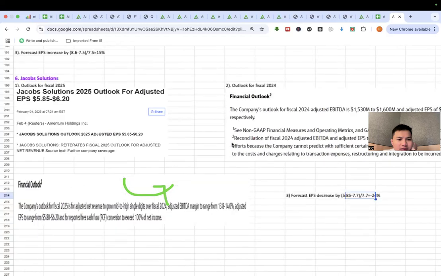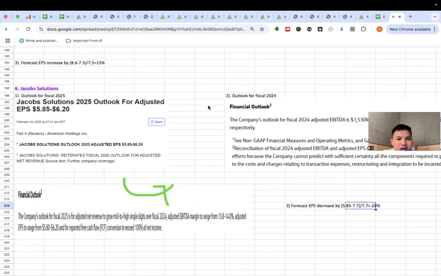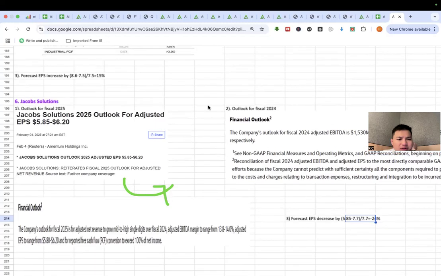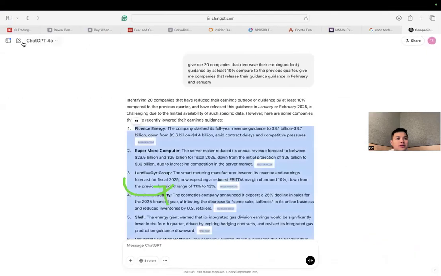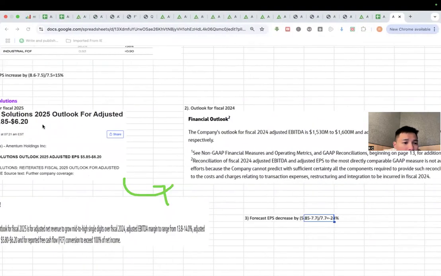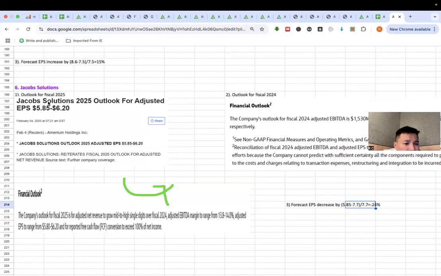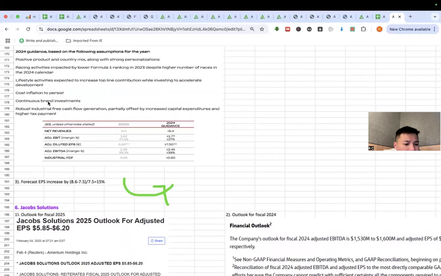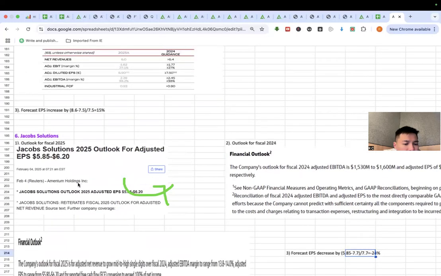Where's 5.5? Is here. So it's a different year. If it's a different year, we need one more year. Jacob's solution, down 24%. How do you find this? Maybe it's Momentum Holdings, isn't it?